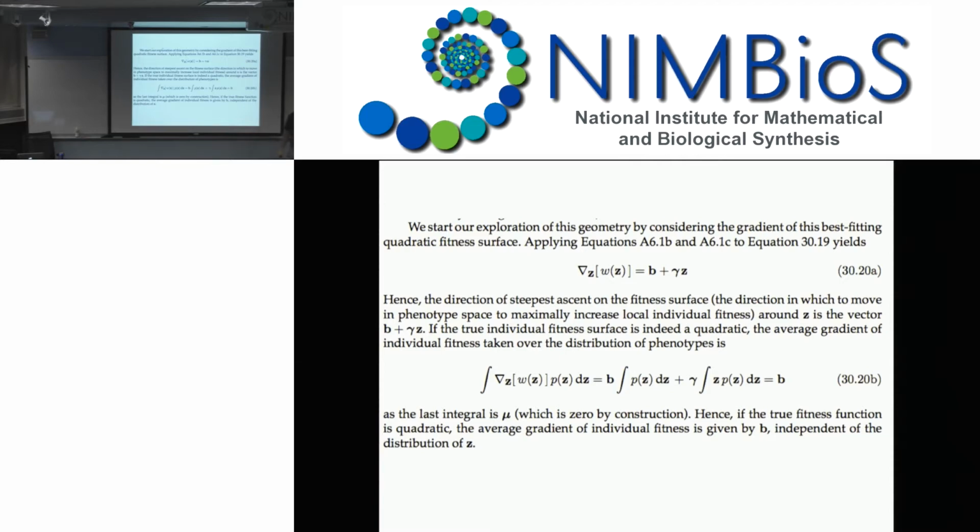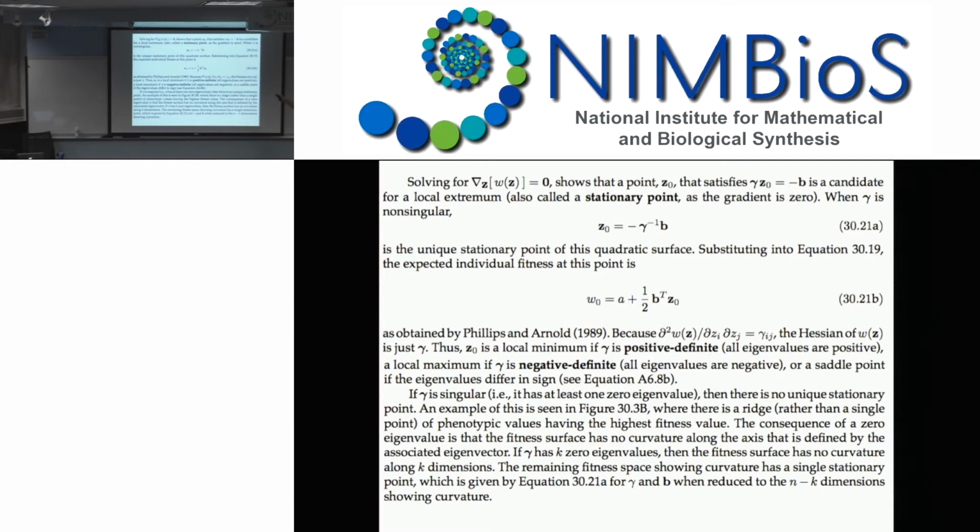It could be a maximum, it could be a global maximum, global minimum, or it could be one of these saddle points. But the key is there's only one such point in a quadratic surface, and it satisfies this relationship here. So at the point given by this, the mean fitness is here. And that's either the global maximum, the global minimum, or if I've got a saddle where one part of the curve goes up, the other part goes around.